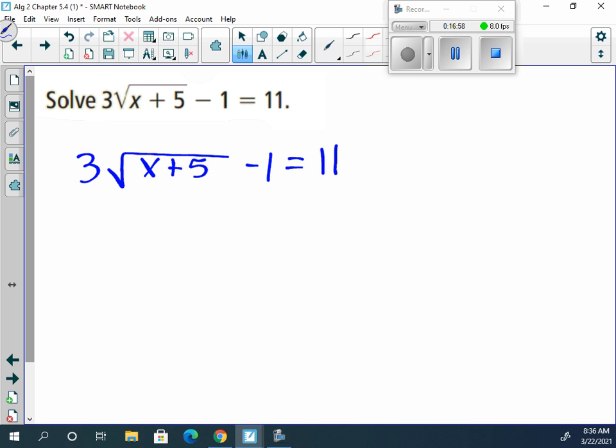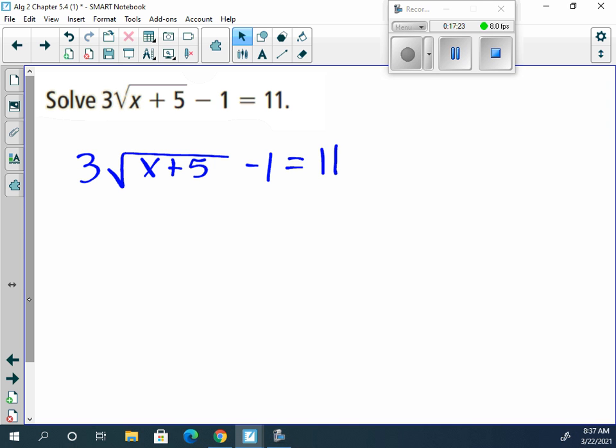This time we have 3 times the square root of x plus 5 minus 1 is equal to 11. Now again, with this here, we need to get the radical by itself. So what's the first thing we can do to get the radical by itself? We can add 1, yes?